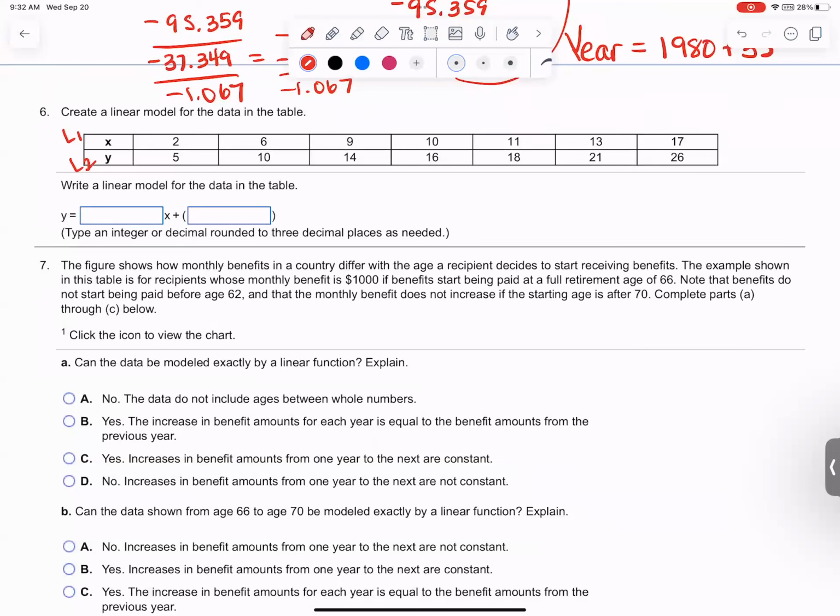So let me open the calculator. There we go. All right, so I'm going to go to my list, stat, edit. I do have stuff in my list, so I'm going to clear those out.